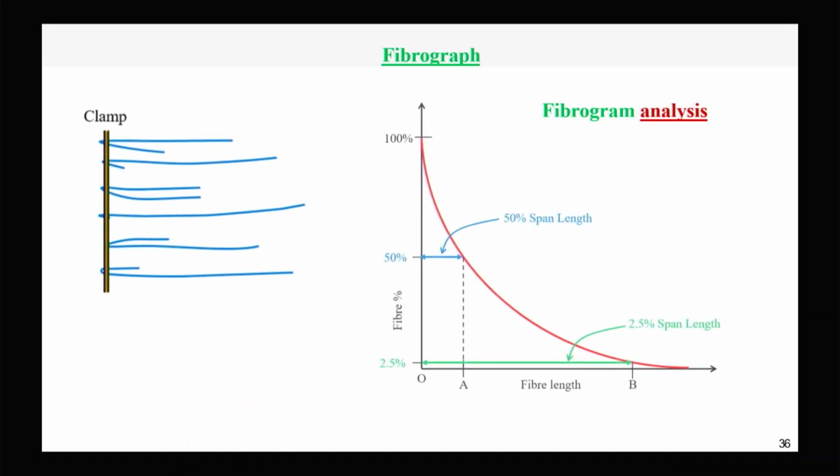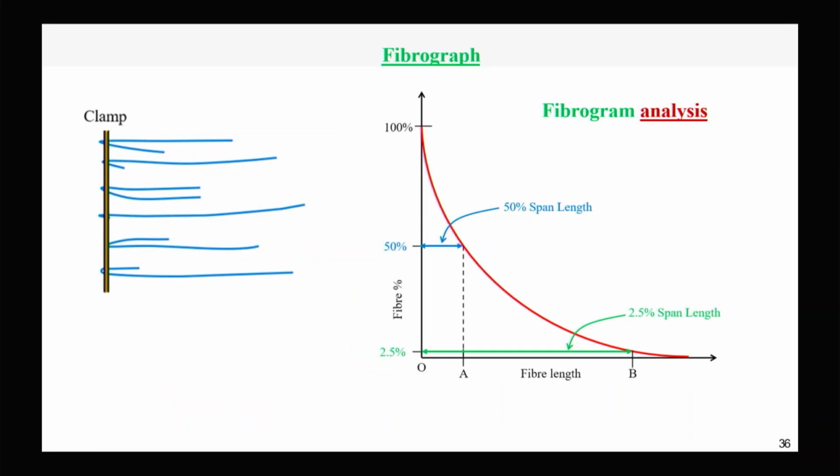Now, this is the typical fibrogram we have already discussed. Now how to analyze this fibrogram? This is the 50% span length, this is one parameter we get. And the 2.5% span length, we get this parameter.